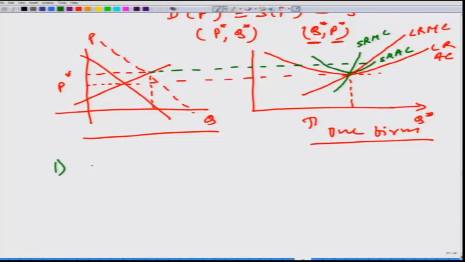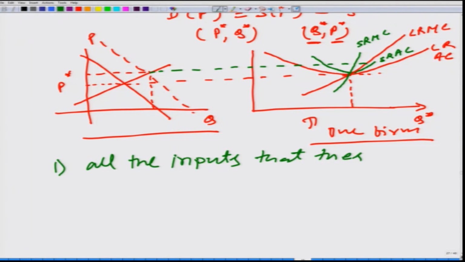So, let us make an assumption that all the inputs that these firms use are sold at the fixed cost. What it means is that the input requirement for these firms is not that large in comparison to the whole input market, otherwise they would be able to influence the input prices in the market.